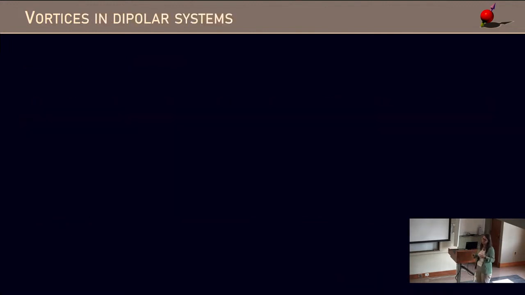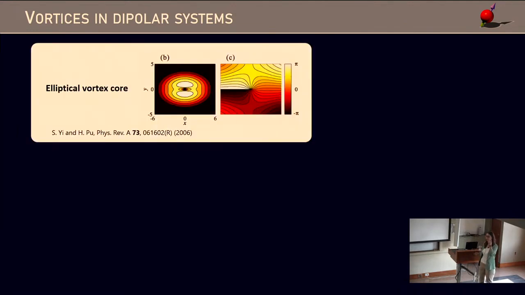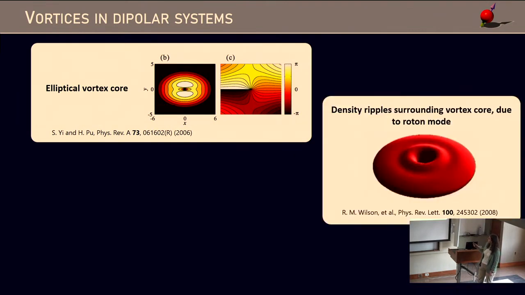So there are some peculiarities for vortices in dipolar systems. In particular, when the magnetic field is in plane, we expect the vortices to have an elliptical vortex core, just because of the dipole-dipole interaction. We also expect some density ripples around the core of the vortex, in particular if we are close to the roton instability point.